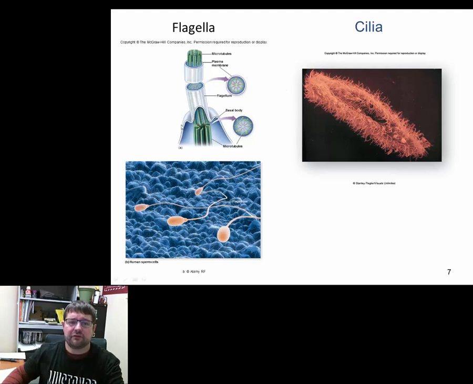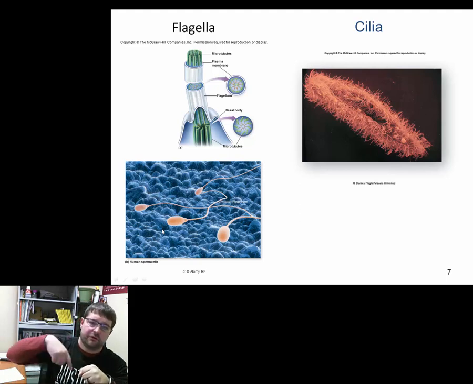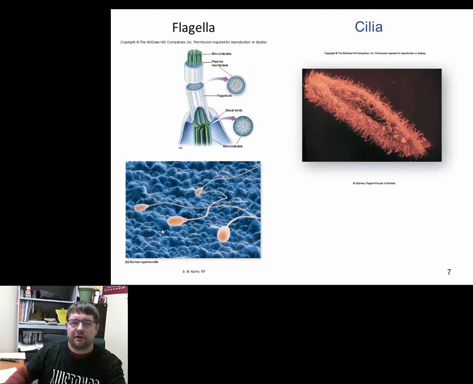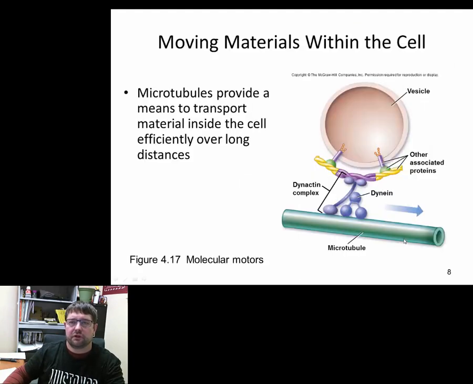Nonetheless, it's these protein fibers that make up those structures and allow for the movement of that structure. And normally it's either clockwise or counterclockwise, a twisting motion in the microtubules, which causes the tail to twirl or beat. I'll show you videos of it later.